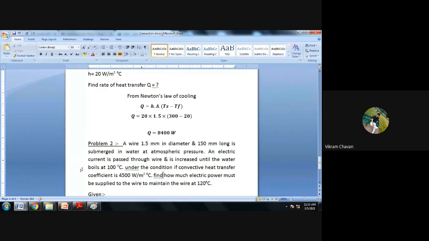An electric current is passed through the wire and is increased until the water boils at 100 degrees Celsius.